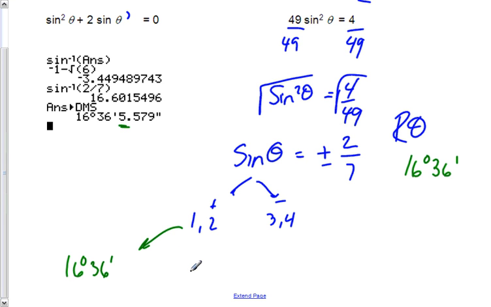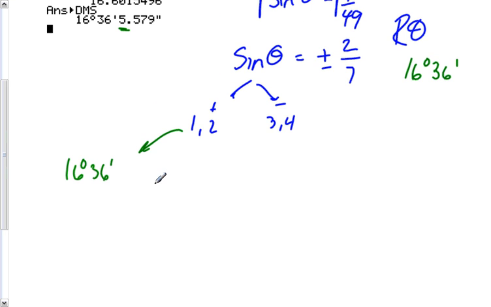Now, step 2 is I just got to find the rest of them. If I'm in quadrant 2, angles are 180 minus our reference angle, minus 16 degrees and 36 minutes. Now, a little base system subtraction here. We're going to have to borrow to do all this.